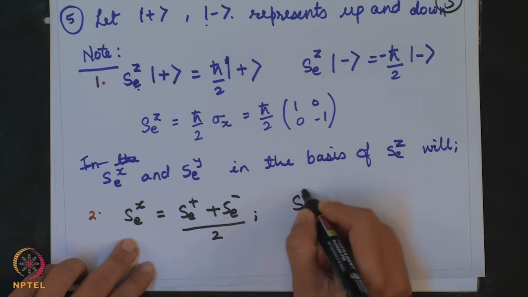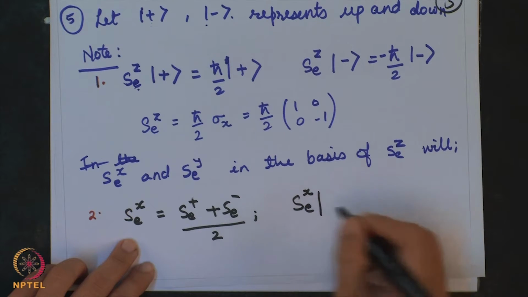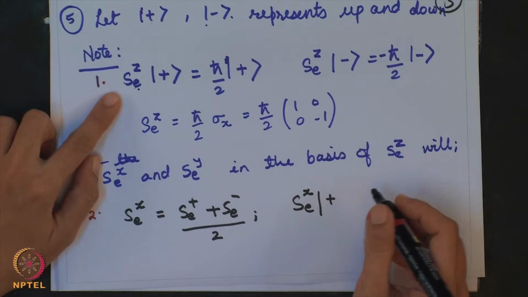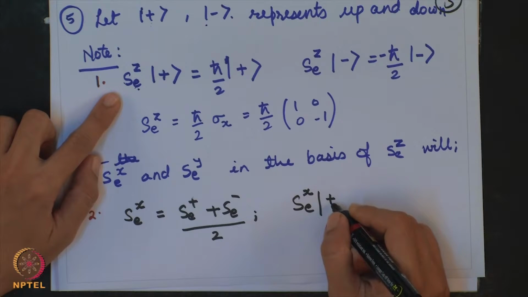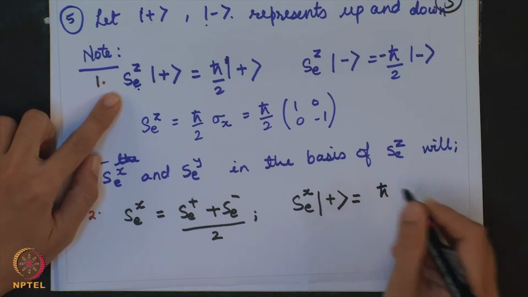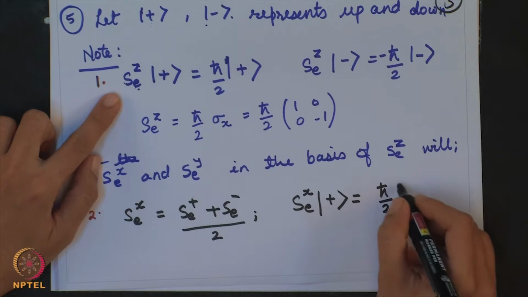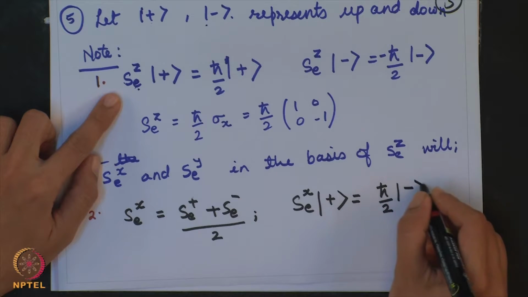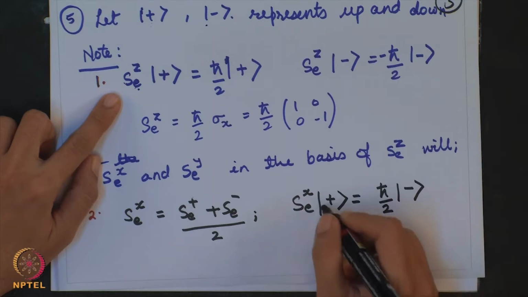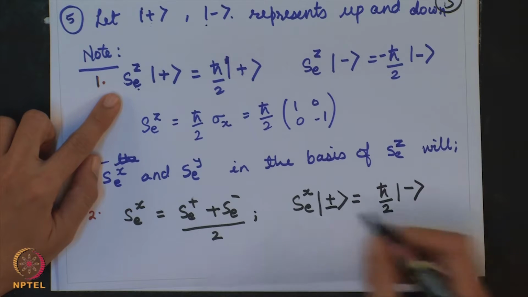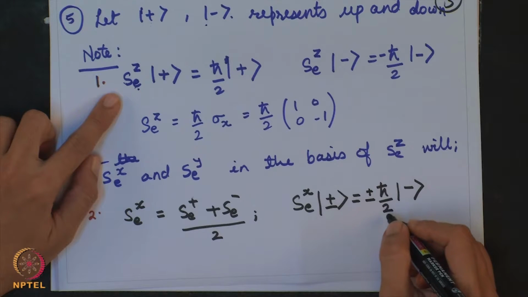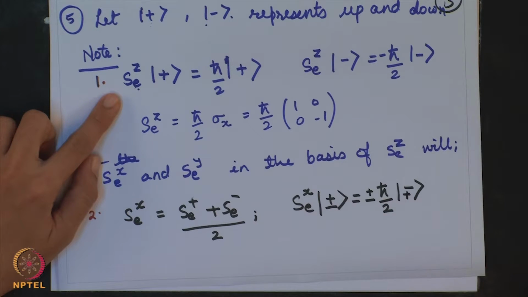So, when you operate the x component on the eigenket of Sz, if you are operating on the plus component, you will get h cross by 2 and you will have a flip in the sign. Okay. Similarly, if you operate on the down state, it will project out minus h cross by 2 and it will flip the state.